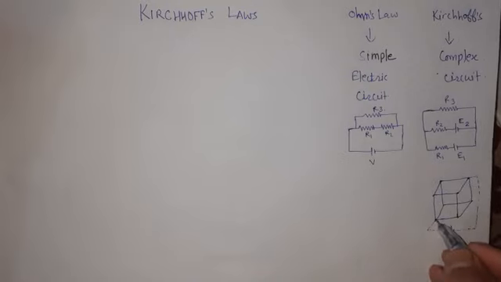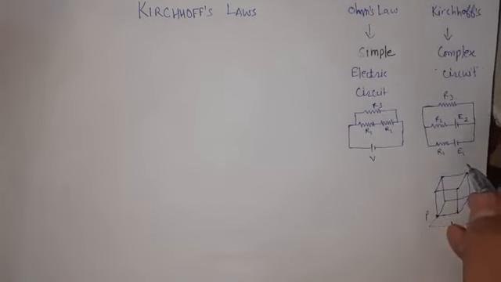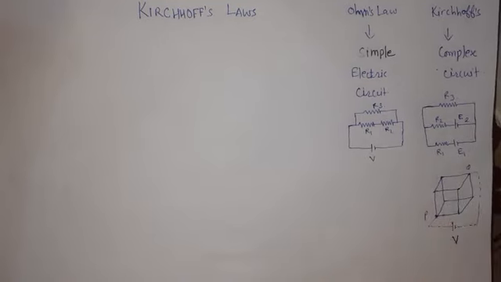If I connect this battery between P and Q, the opposite corners of the cube, how much will be the resistance, or how much will be the current in the circuit?